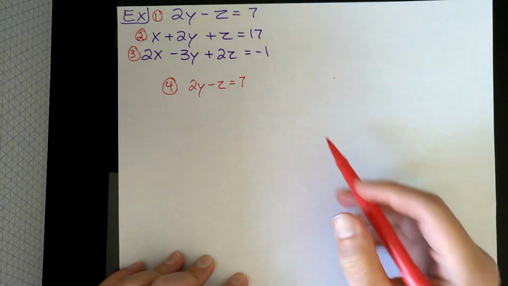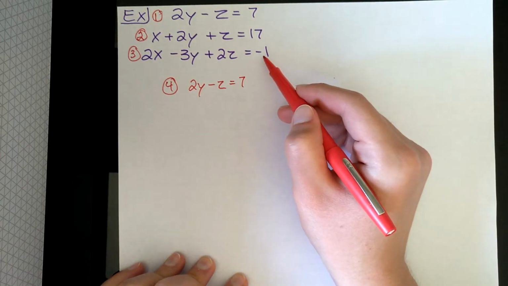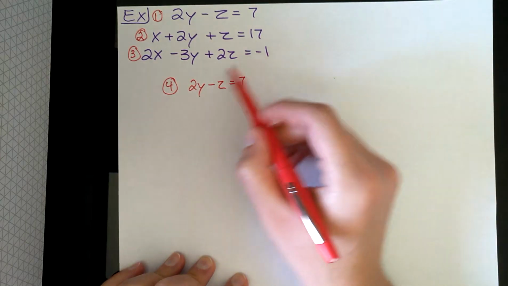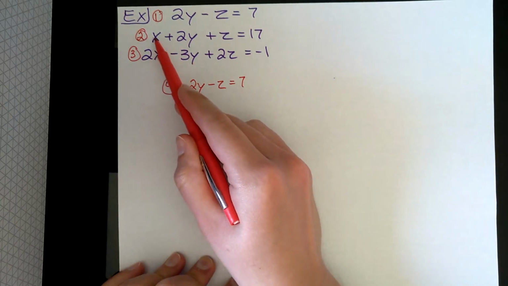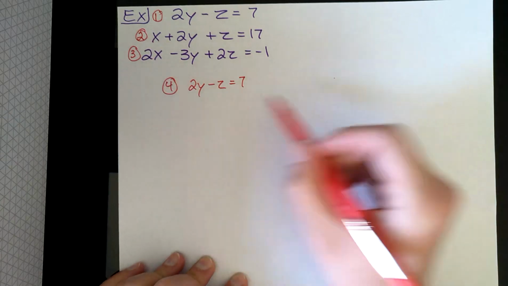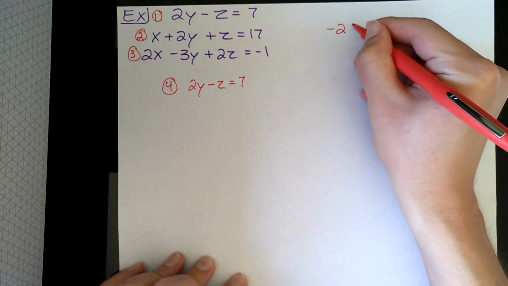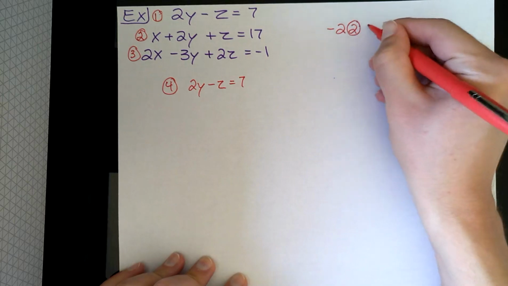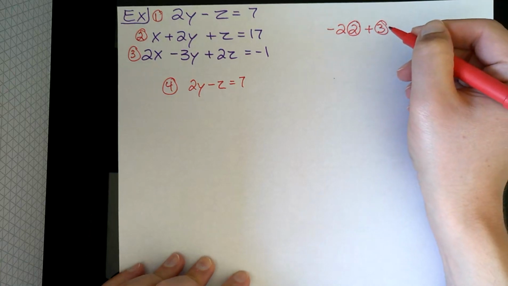Which means we now just need to combine equation 2 and equation 3 to get rid of the x's. So what would you have to multiply by? Well, we need the x's to be opposite, so we need to multiply equation 2 by a -2. So we get -2 times equation 2 plus equation 3.